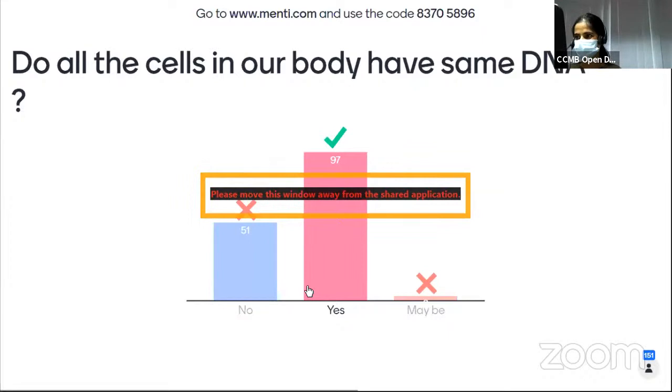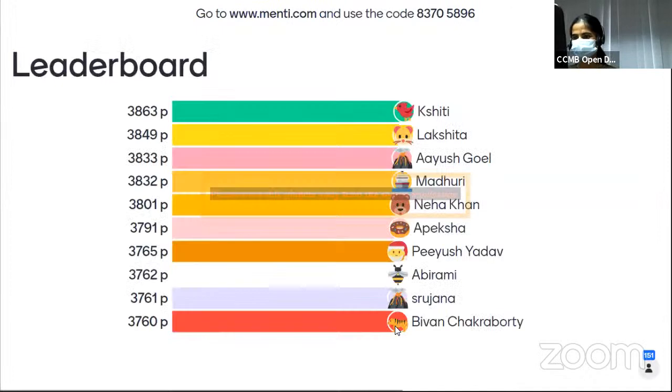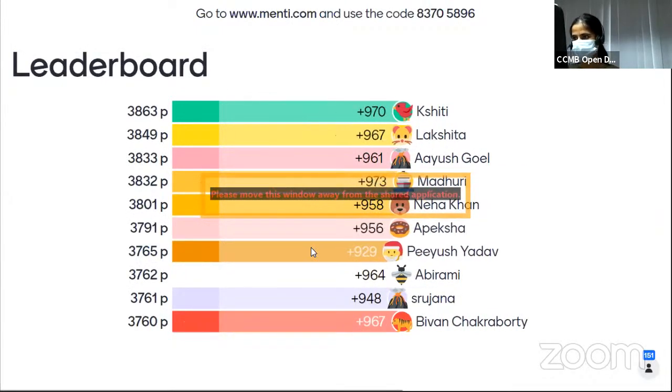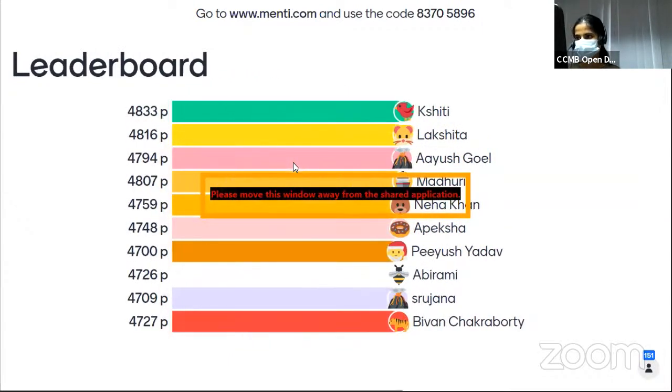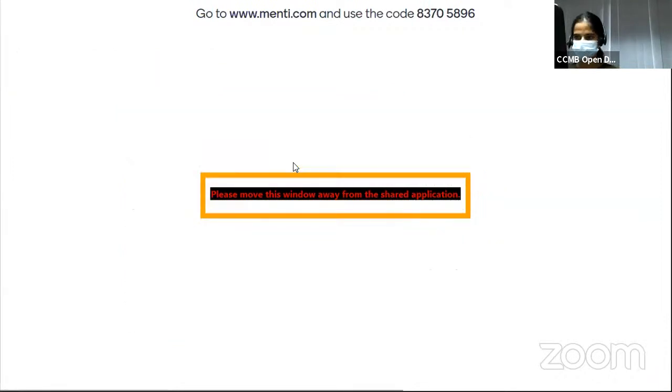All the cells in our body have same DNA in a particular person. So the answer is yes. We get the fastest answer and move to the next question.